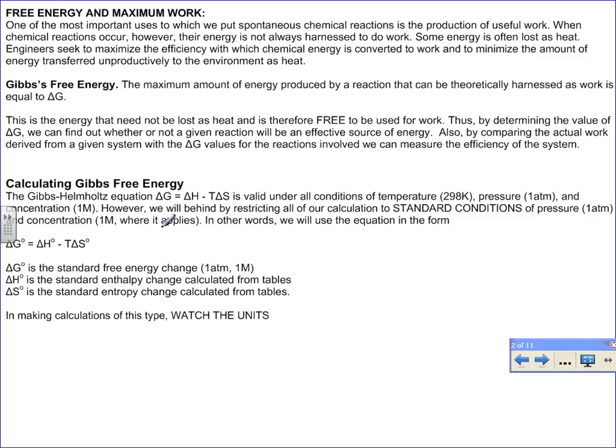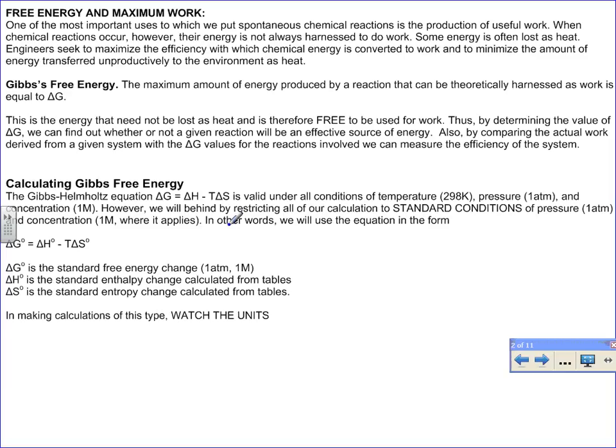Now, we're going to do a series of calculations for calculating Gibbs free energy using the formula delta G is equal to delta H minus T delta S. And there are certain factors that we're going to consider through the different examples. In our first example, we're going to be calculating delta G naught.